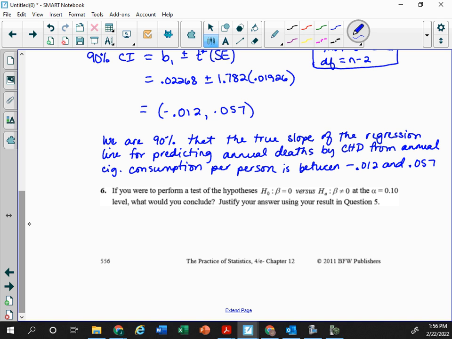Okay, so then question 6 is asking you about if you performed a hypothesis test with beta equals 0 versus beta not equal to 0 at the alpha equals 0.10 level. What would you conclude? And it says to justify your answer using your result from question 5. So it is not telling you to do a full hypothesis test. What do you think is important about the interval we got in question 5?